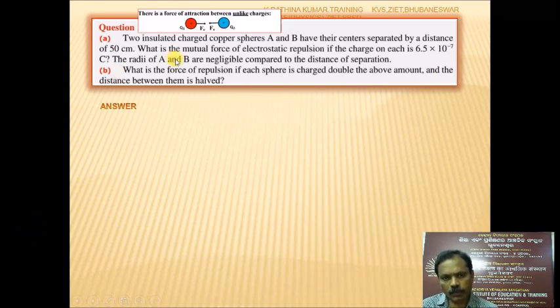The radii of A and B are negligible compared to the distance of separation. The B question, what is the force of repulsion if each sphere is charged double the amount and the distance between them is halved? So just for understanding the purpose, attractive force, repulsive force. Distance is R.